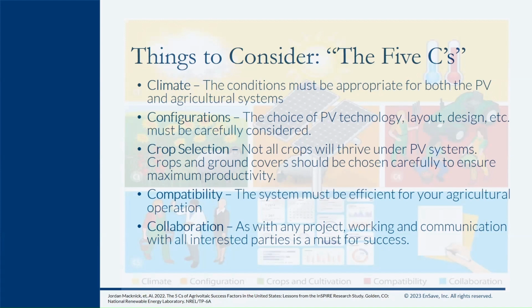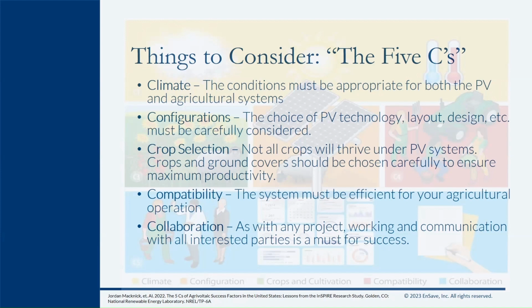And moving on, the crop selection. Again, not all crops will thrive under PV systems. A lot of full sun crops like your corn, and down here where I'm at, cotton, will not thrive very well under the partial shading, or full shading depending on the configuration, provided by these PV systems.